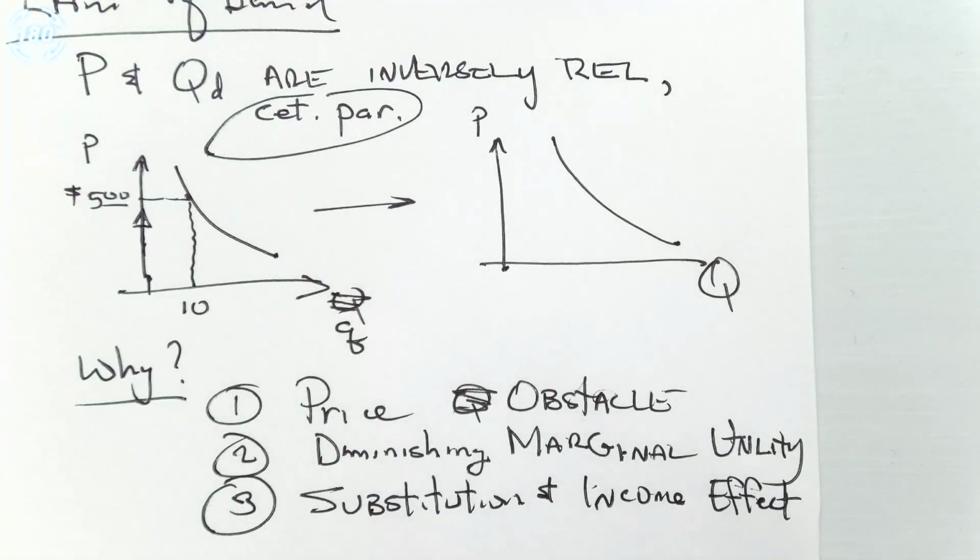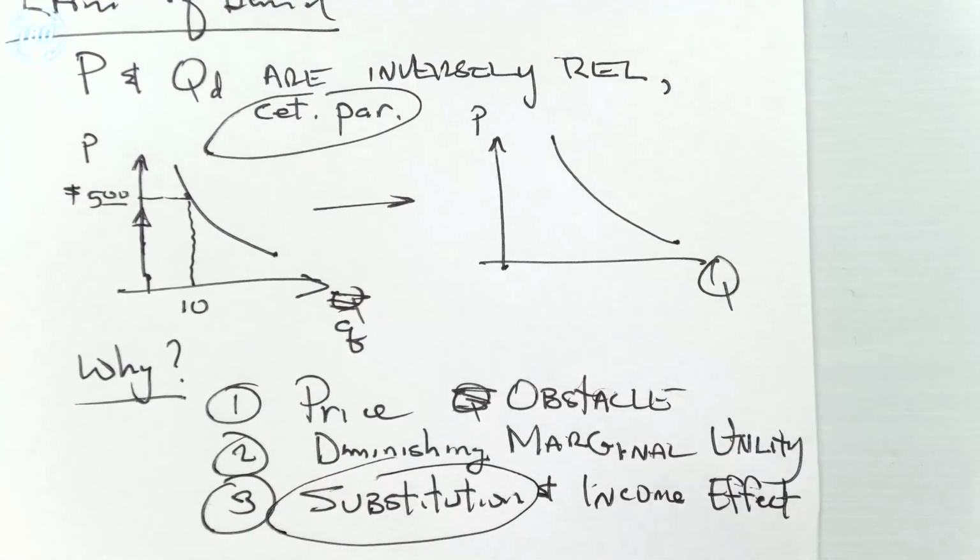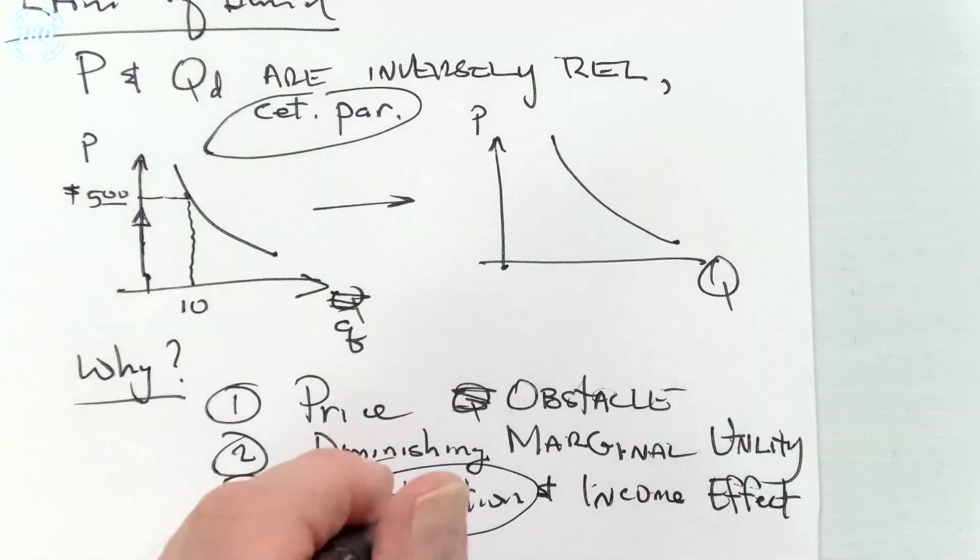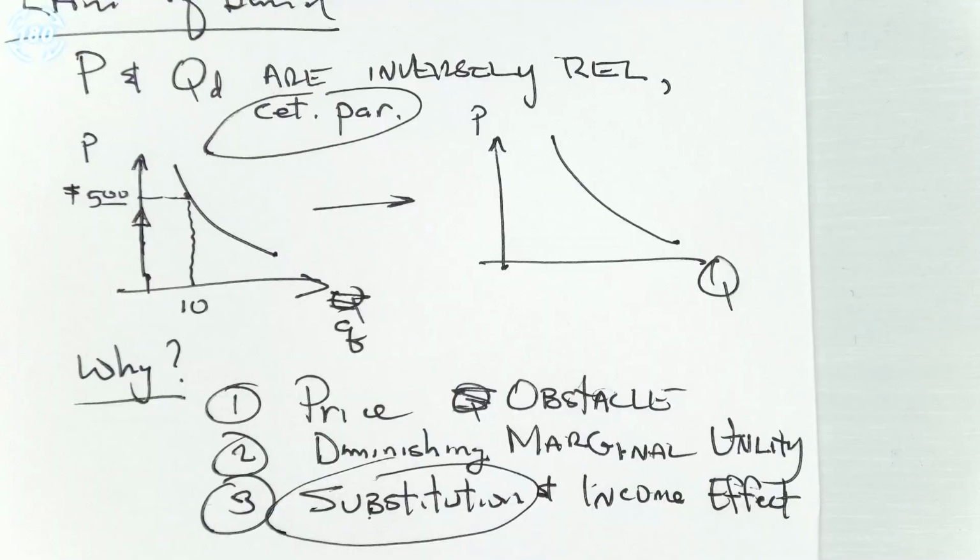So if that happens, a couple of things kick in. First off, gasoline becomes relatively more expensive with respect to other goods, okay? So people substitute away from gasoline. They may buy bus tickets instead, or they may take their bicycle to work, find other ways of commuting to work and school. So that's called the substitution effect, okay?